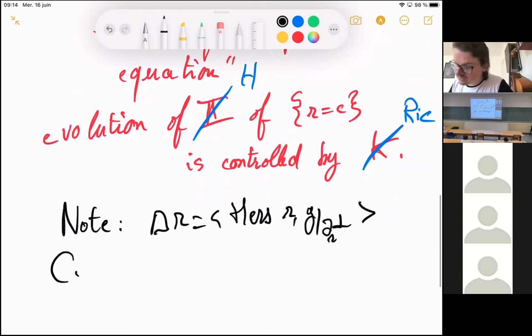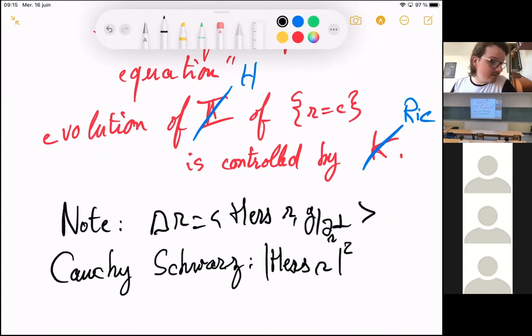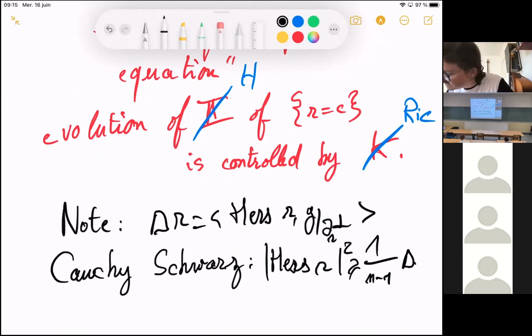And so you can use the Cauchy-Schwarz inequality. It will tell you that the Hessian of r squared is bigger than 1 over n minus 1 times the Laplacian of r squared.